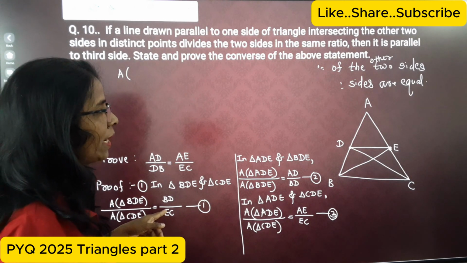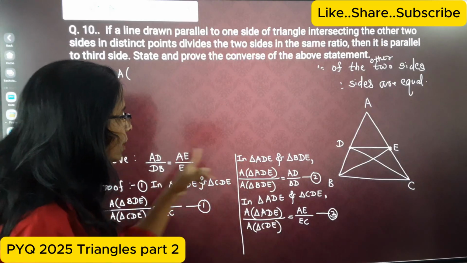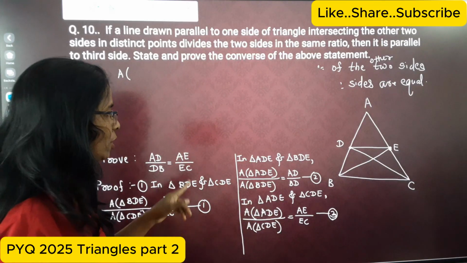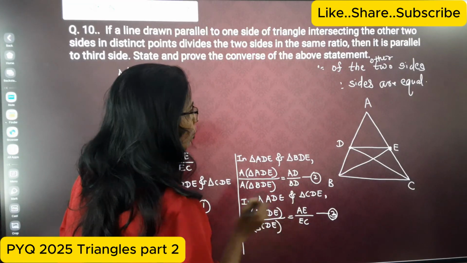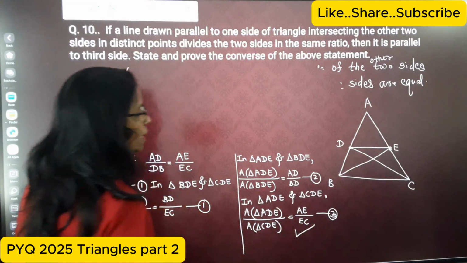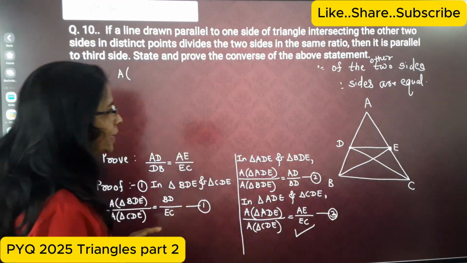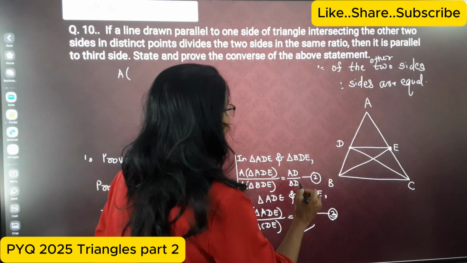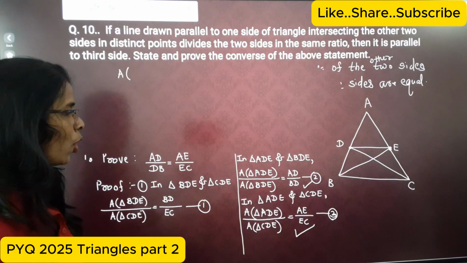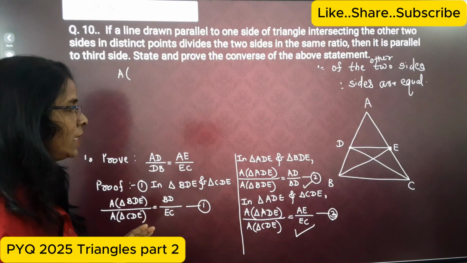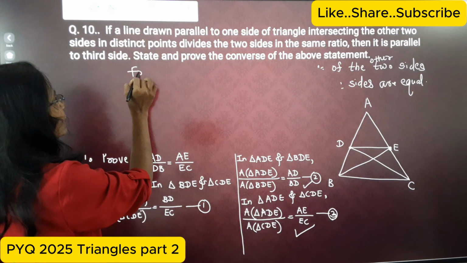From these equations, we have BD upon EC, AD upon BD and AE upon EC. AE upon EC is the ratio of the second side, and AD upon DB is the ratio of the first side AB. So now all these three are equal.